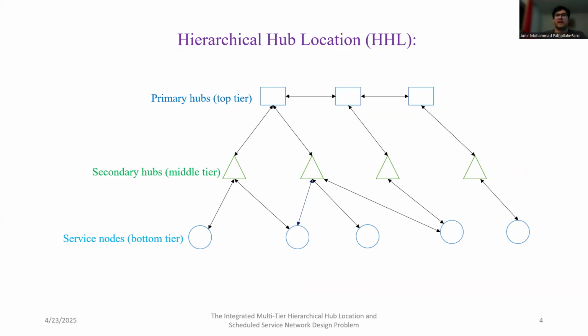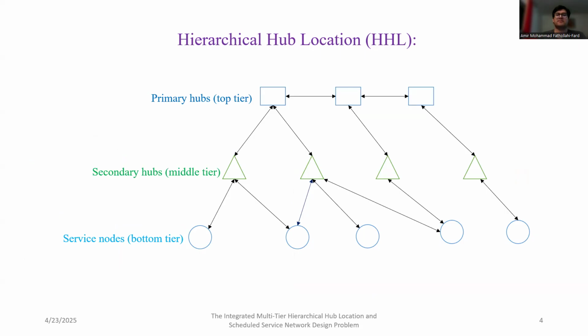What is the hierarchical hub location? The hierarchical system can be seen in different applications. For example, for the post office applications, we can see that the nodes are defined in a hierarchical way.